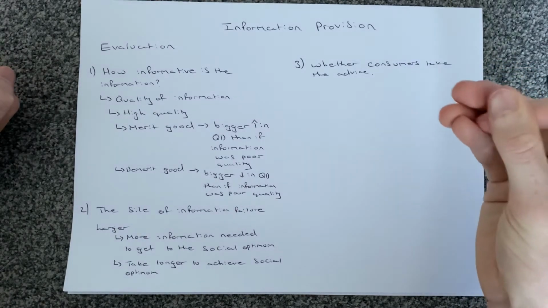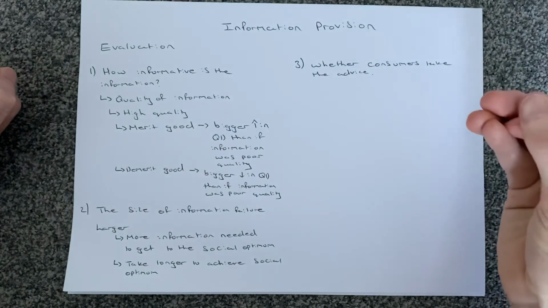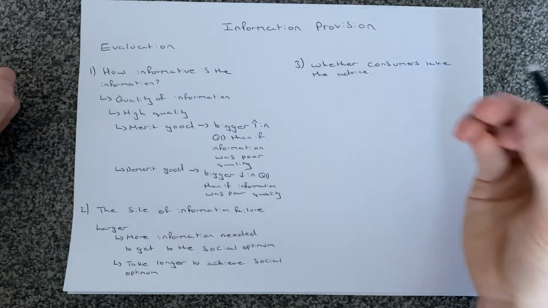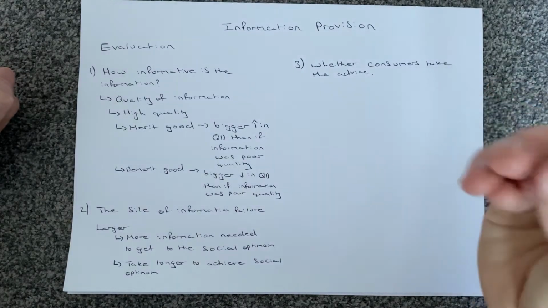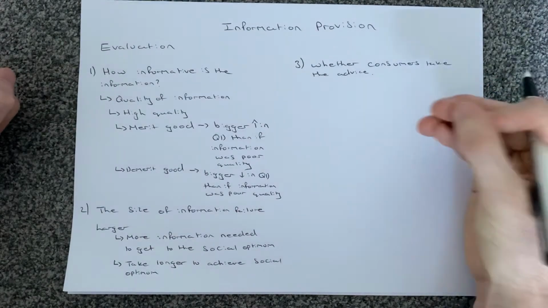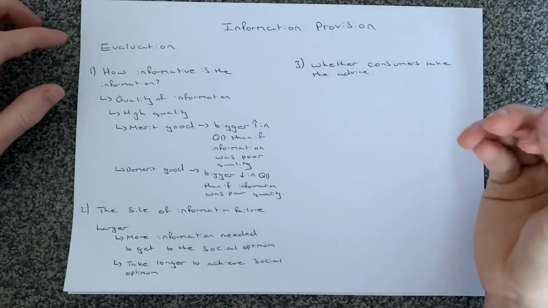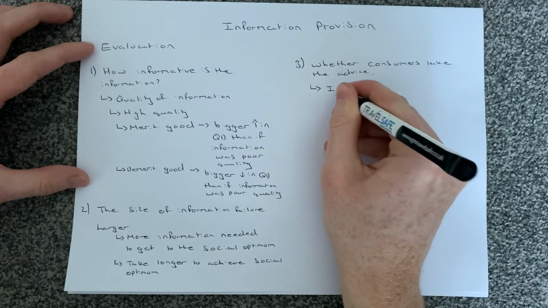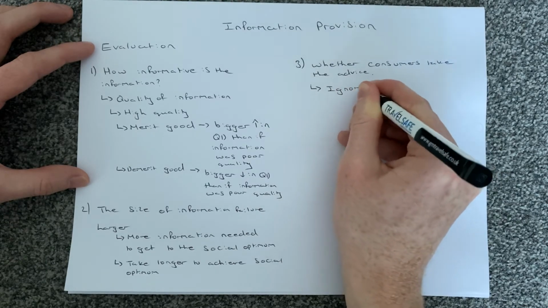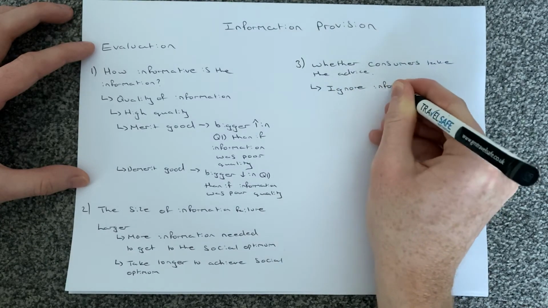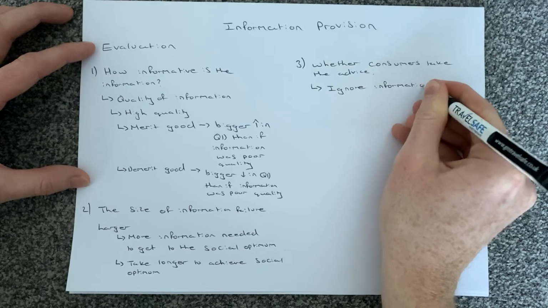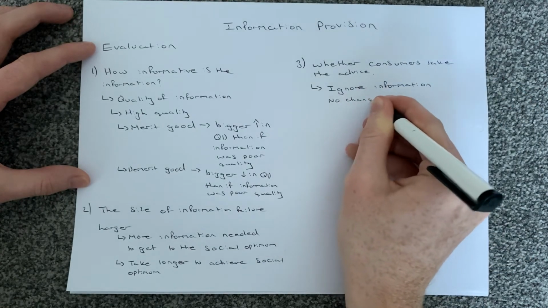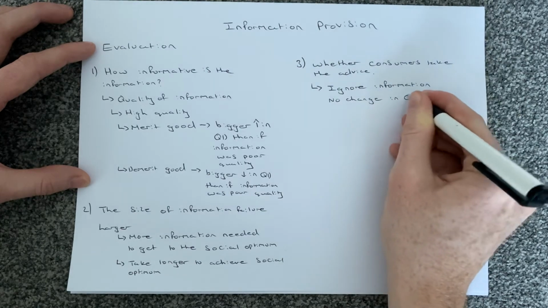People are aware of that, but they continue to smoke cigarettes, and therefore that isn't going to correct the market failure, because consumers may not necessarily take on board the advice or the information. They may ignore information, and if consumers ignore the information, there would be no change in quantity demanded.